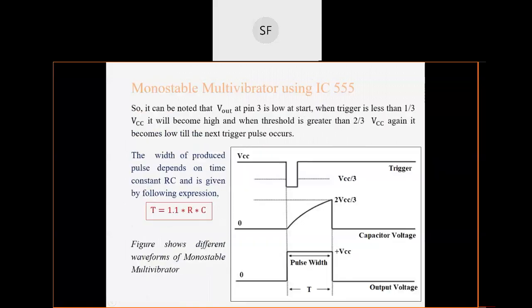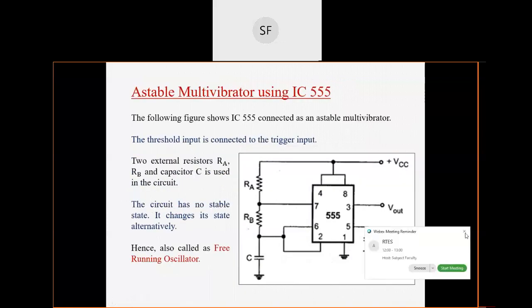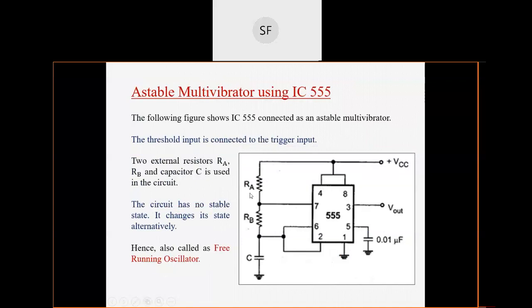Now, what are the differences in astable? You can observe one resistor is there, no problem. The same resistor is here also, denoted by RA, and RA is also connected between 4 and 7. So there is no difference here. But if you observe pin number 6 and pin number 7, in monostable it was short circuited, with no resistance attached.